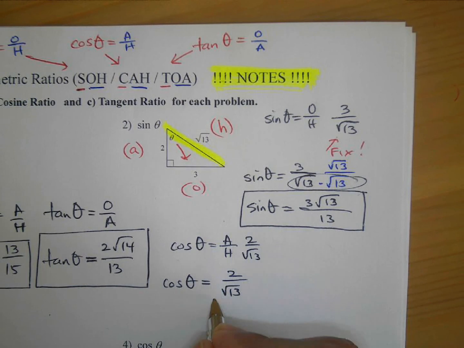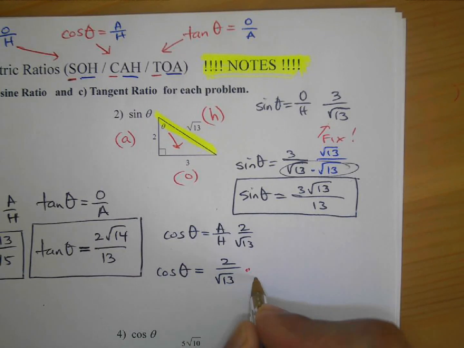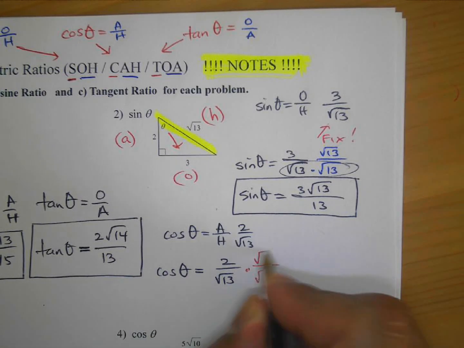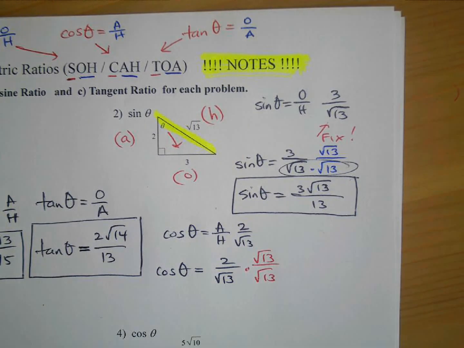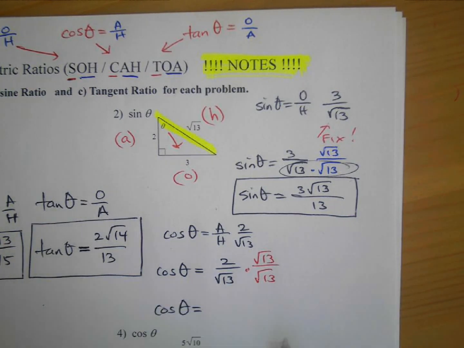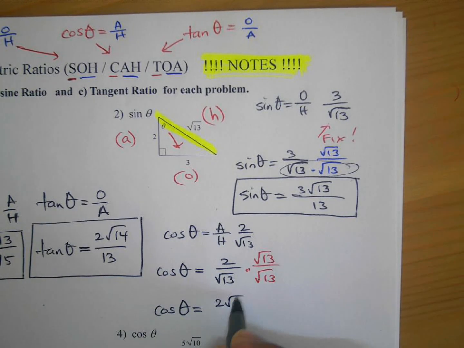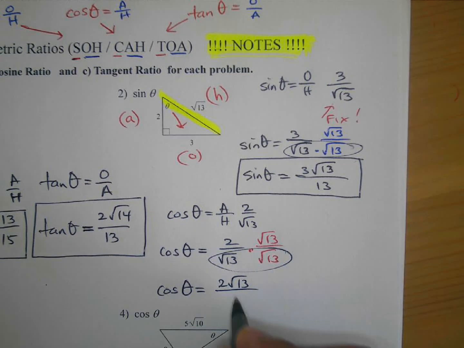We have to fix this, right? This one. So we're going to multiply by what? Well, it's the square root of 13 in the denominator, the square root of 13 in the numerator. Very similar to what happened with sine, but the ratio will not be the same. Here you're going to get cosine is 2 root 13 for the numerator over, well, the square root of 13 times the square root of 13 is just 13.